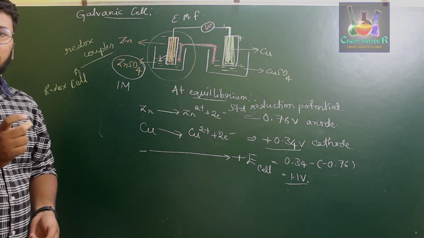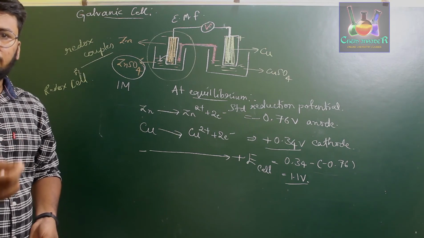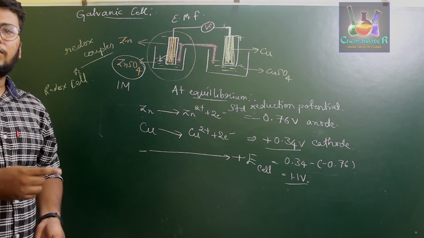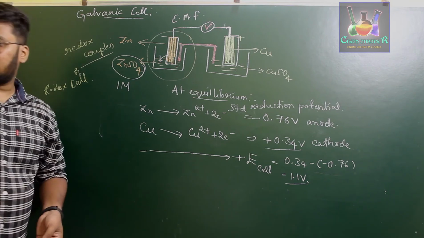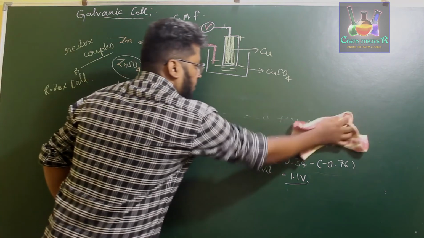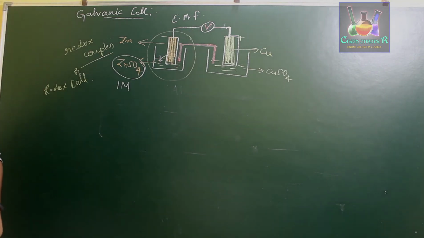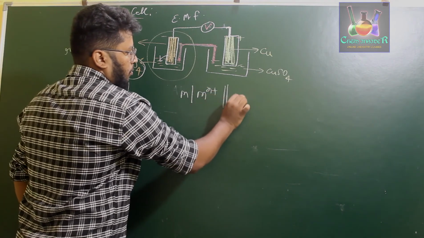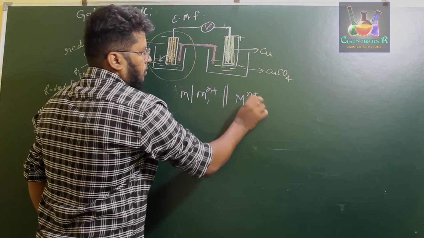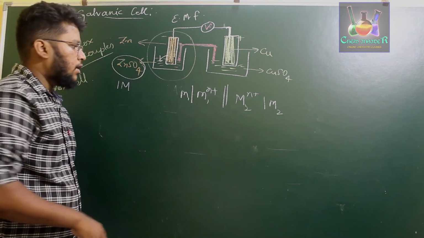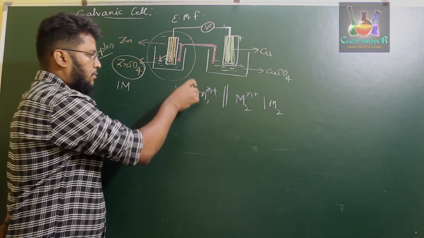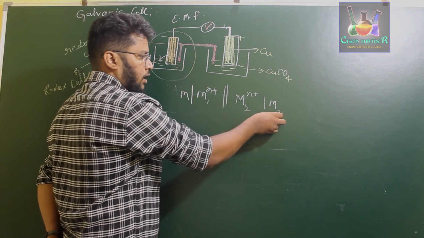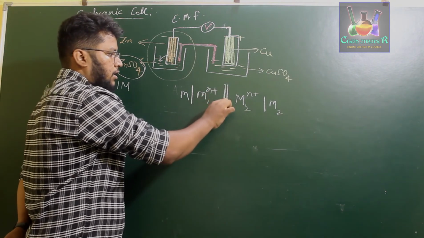Further, the cathode and anode are separated by a double vertical line indicating a salt bridge present between them, and a metal and its electrolyte are separated by a single vertical line denoting the electrode-electrolyte interface. So a Daniell cell can be represented in a terminological representation, where we write metal M1 with its metal ion, then M2 with its metal ion, such that the metal and metal electrolyte are separated by a single vertical line denoting the electrode-electrolyte interface, and the double vertical line indicates the salt bridge.